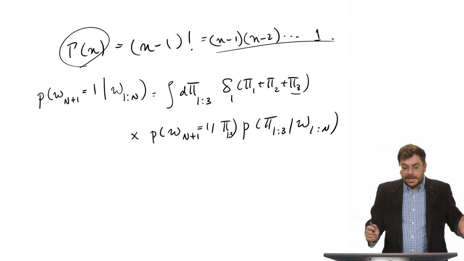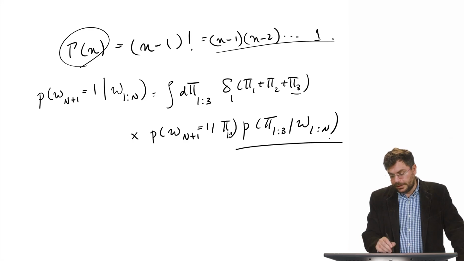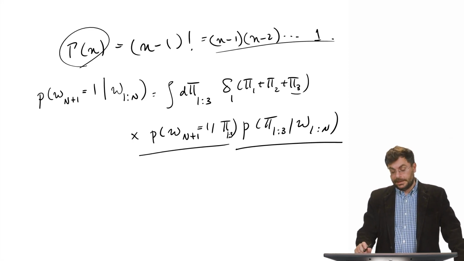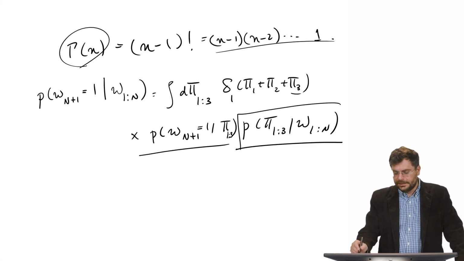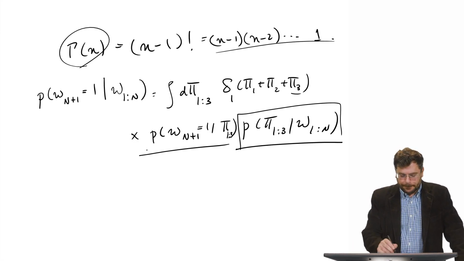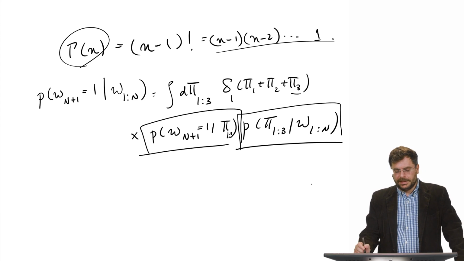So now we can ask ourselves: can we construct this? Yes, we can. This is the prior multiplied by the likelihood. This here is simply the likelihood. This term here will be the simplest.